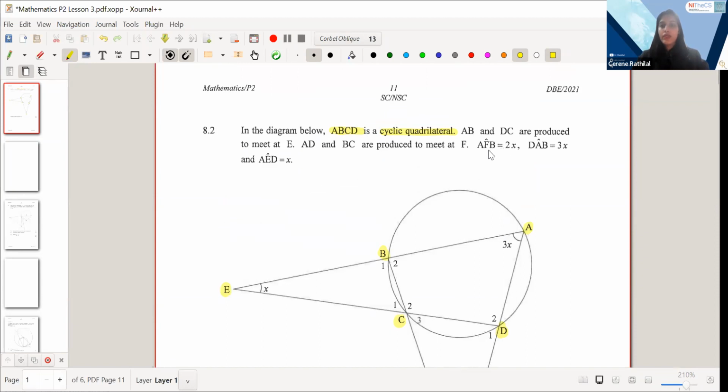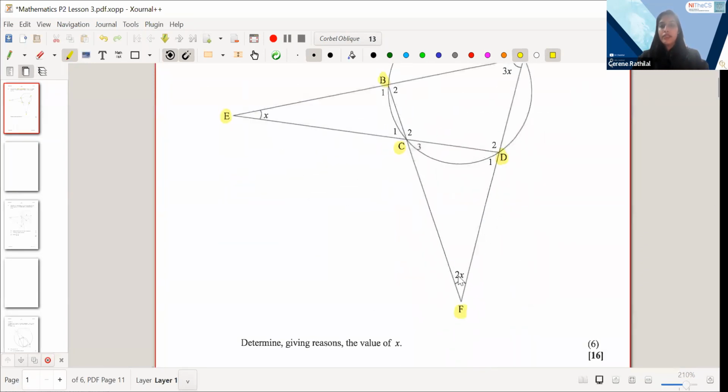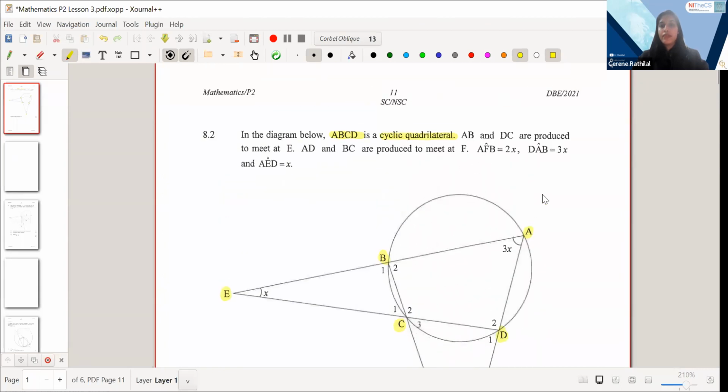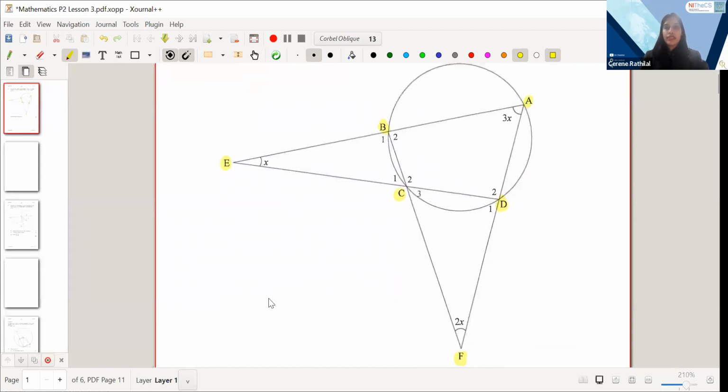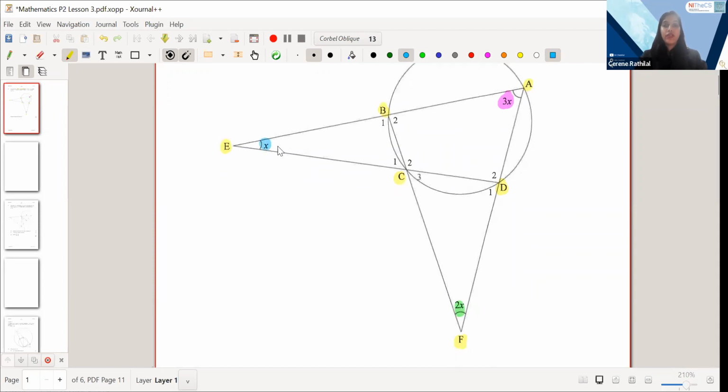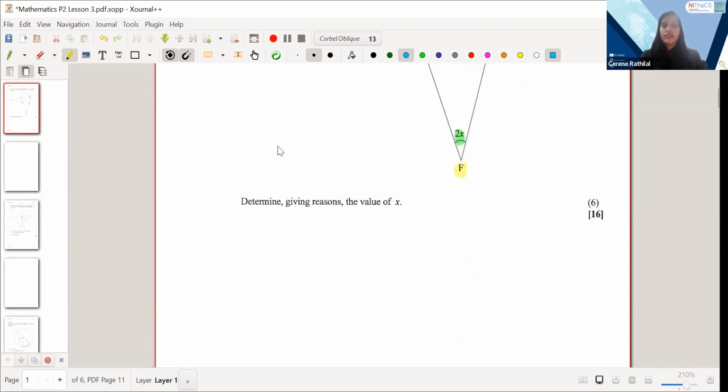Right, and then we're told that angle AFB is 2x, DAB is 3x, and AED is x. So we've been given some angles that have been labeled in here. So we've got 2x, 3x, and x. What's the question? The question says, determine, giving reasons, the value of x.